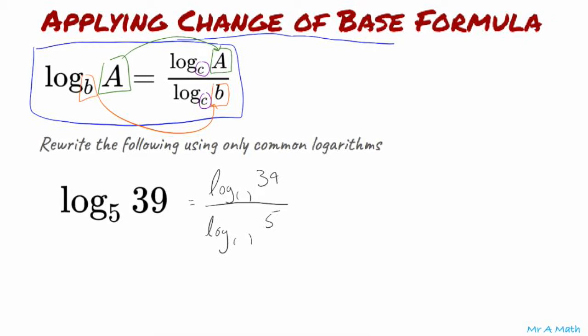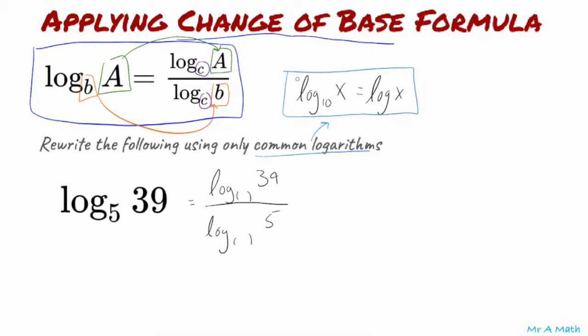But we see that the directions here say rewrite the following using only common logarithms. And if you remember what a common logarithm is, a common logarithm is just the idea log base 10 of, let's say, x, we can just rewrite as log of x. So a common logarithm is really a logarithm with base 10.